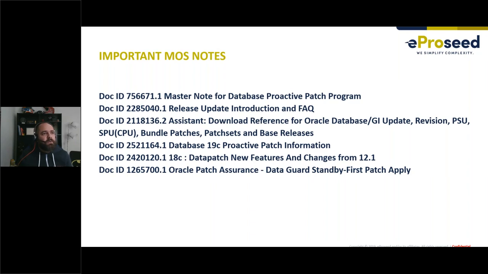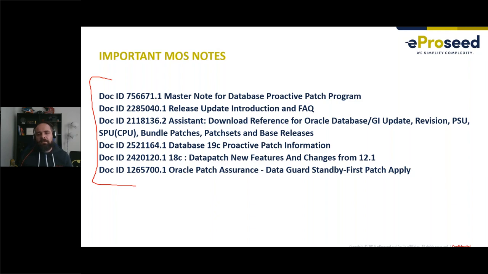If you are going to apply patches on your environment, and sure you will, I recommend you read all these notes here. We have some here, sorry, I listed the download assistant to guide you to find the correct numbers of RU or RUR, PSU, whatever.